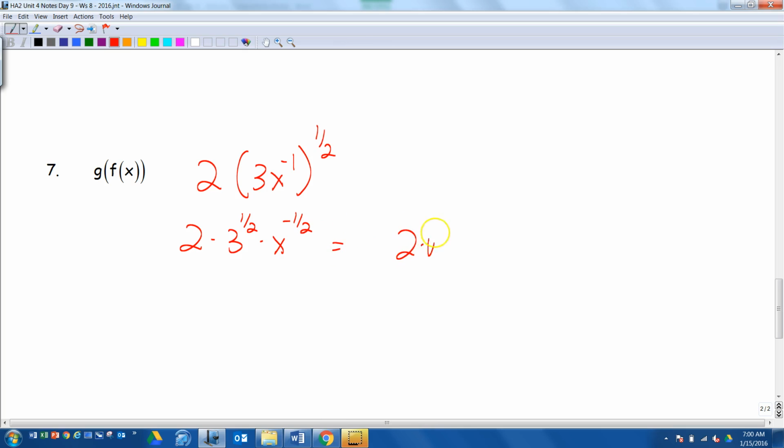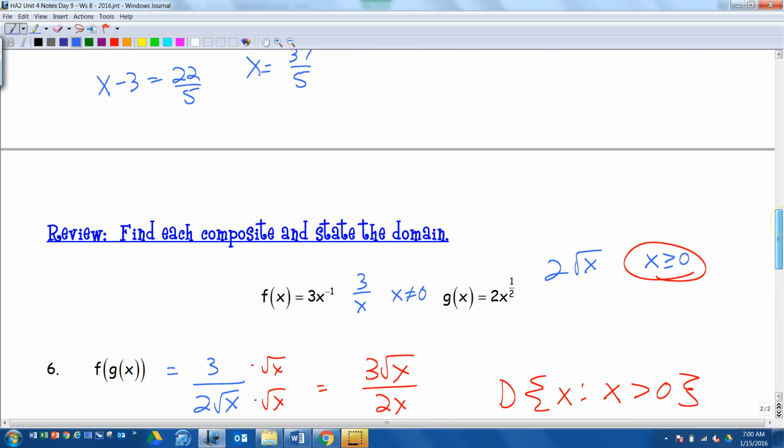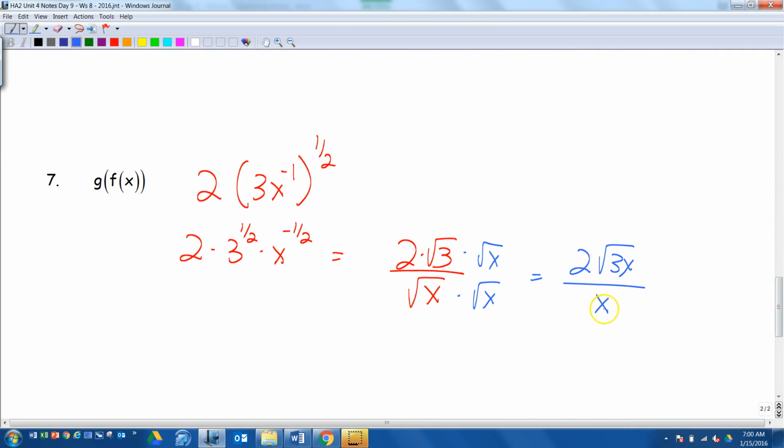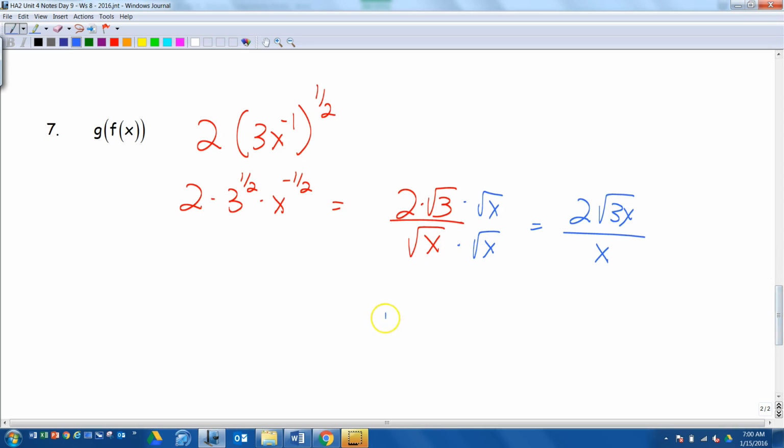So we have 2 times root 3 over, this goes to the bottom, becomes root x. I have to rationalize. And I get 2 root 3x over just x. And again, the input is that x can't be 0, but if you look at the final, that's still the case, but we also now can't have negatives. So the domain is still, again, in this case, just greater than 0.